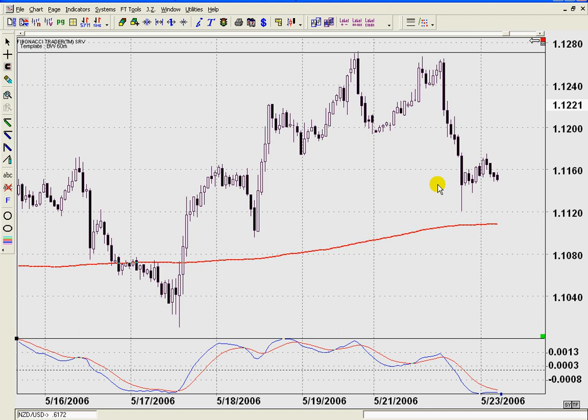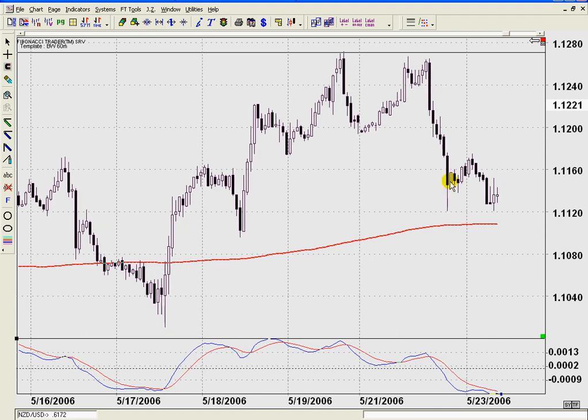Let's continue to watch as price may make another attempt here.